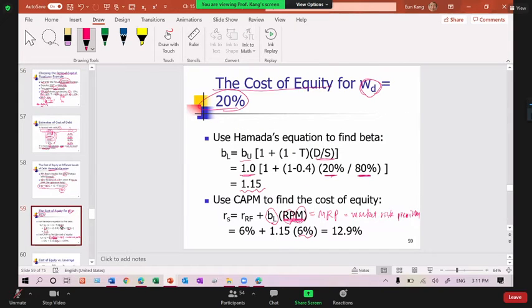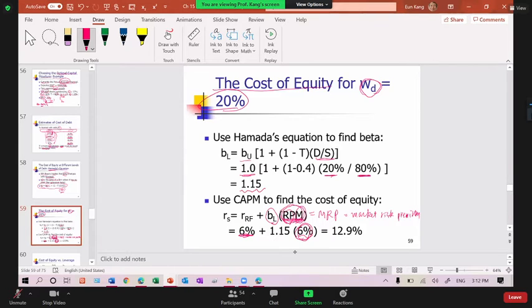So 6% is just there, okay? But if you do this, 6% minus 6% is 0, right? Then that doesn't make sense. So be careful to read the exam, whether I give you RPM or RM.